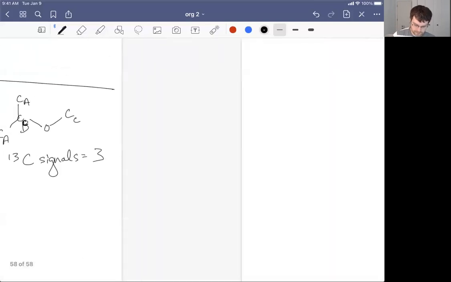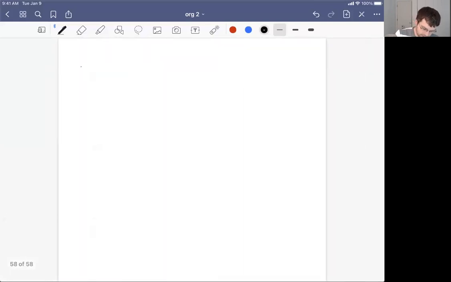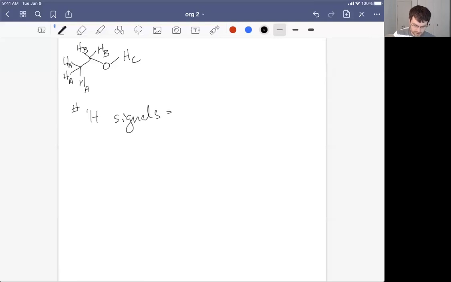But again, we should include all 3 of the signals for our hydrogen atoms. Let's do another example. Let's say we've got some college students' favorite, which is ethanol. So we have HA, HA, HA, HB, HB, and HC. So the number of 1H signals is equal to 2 or 3 because this HC may not count.